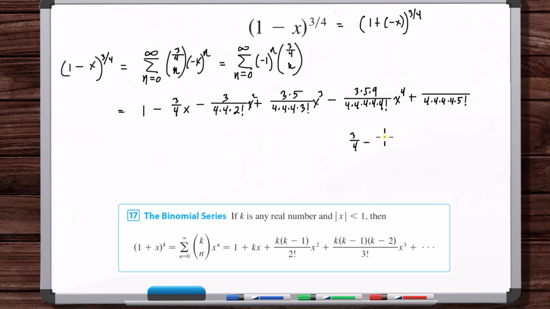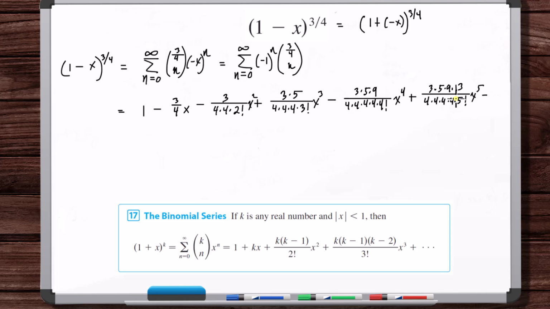So 4 times 4 over 4 is 16 over 4. It's minus 13. So, okay, 3 times 5 times 9 times 13. Oh, x to the 5th. Okay, so what is this doing? 3 plus 2 is 5. 5 plus 4 is 9. 9 plus 4 is 13.